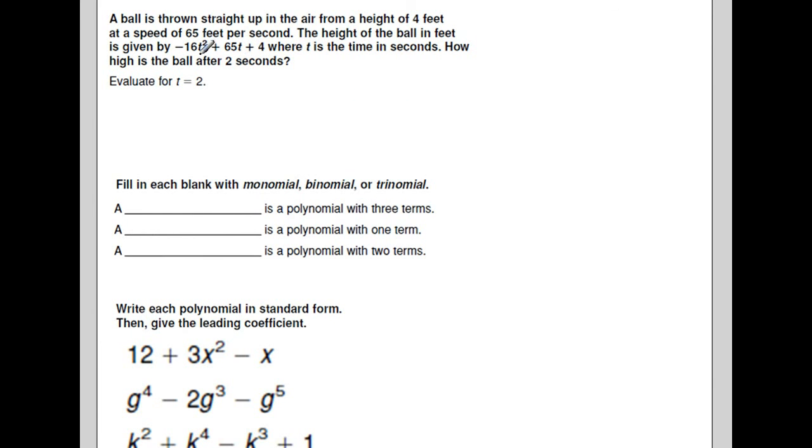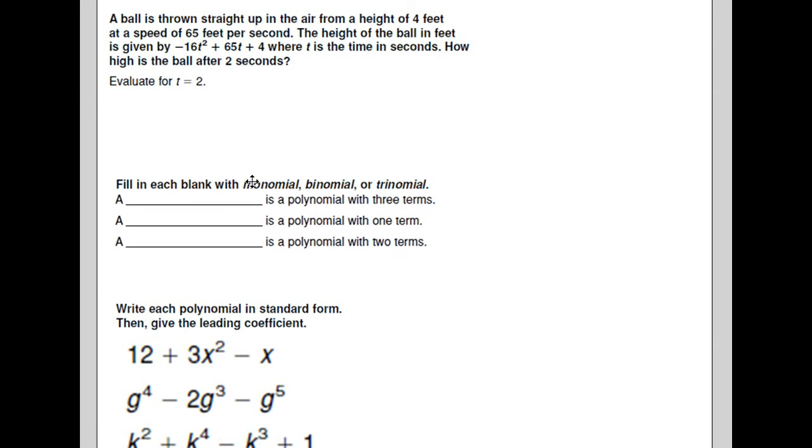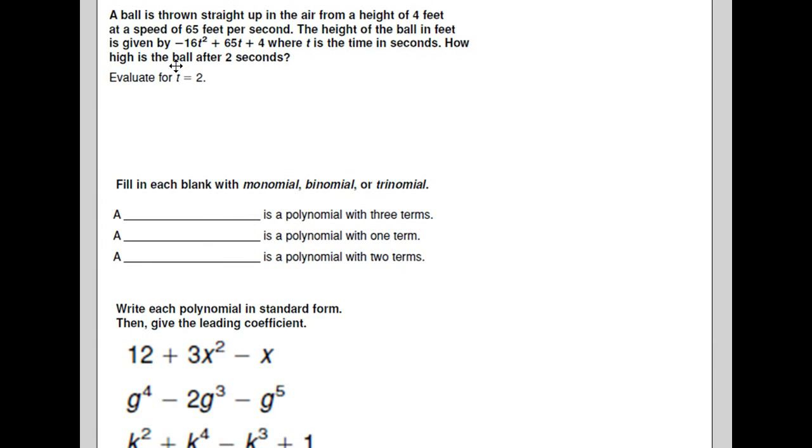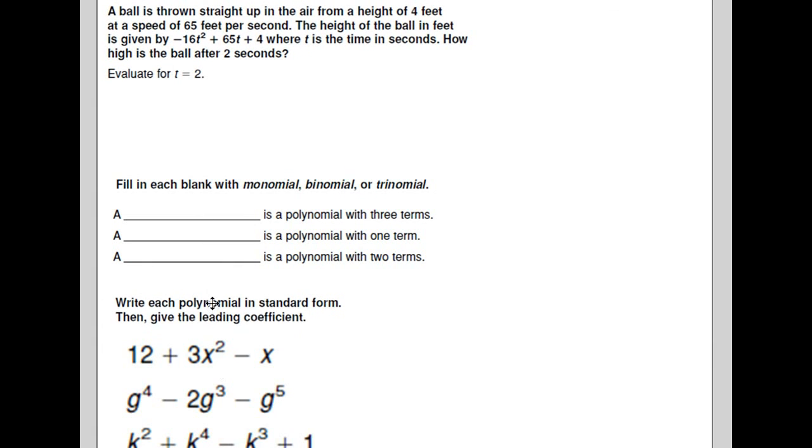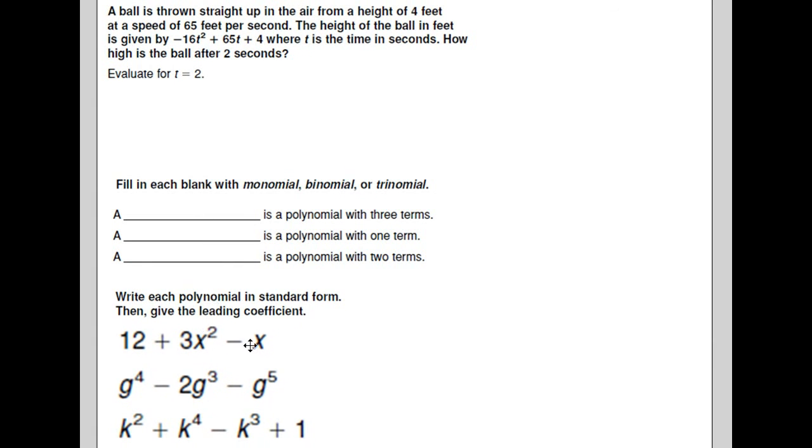Alright, these next problems you are going to need to do on your own, and you will put your answers in Skyward. That is the grade book. There'll be multiple choice and free response.